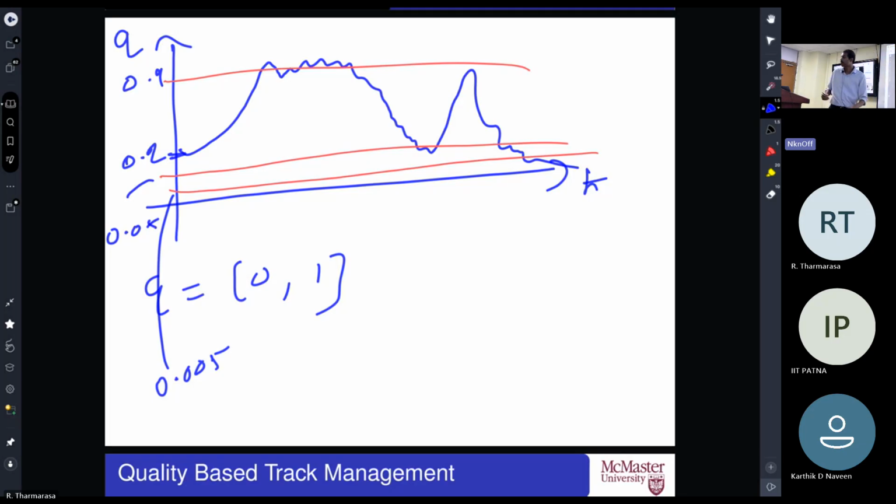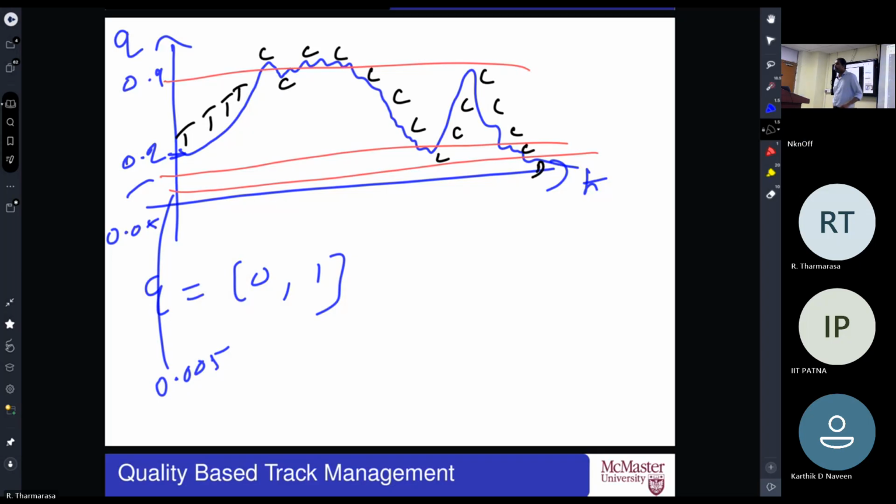So what we do is, after this point, the track is tentative, tentative, tentative, and then confirmed, confirmed, confirmed. You understand that part? Once it's confirmed, we wait until it goes below this threshold to delete.